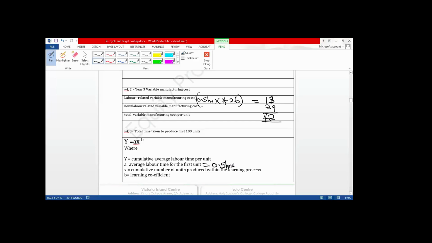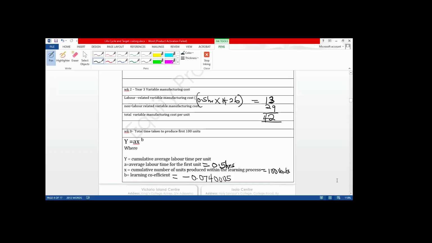X is the cumulative number of units produced within the learning process. We are going to produce the first 100 units. Then B is the learning coefficient. The examiner said the learning coefficient is negative 0.0740005.